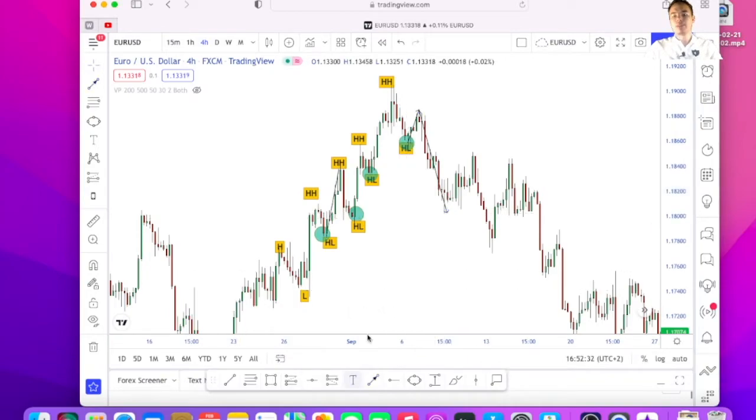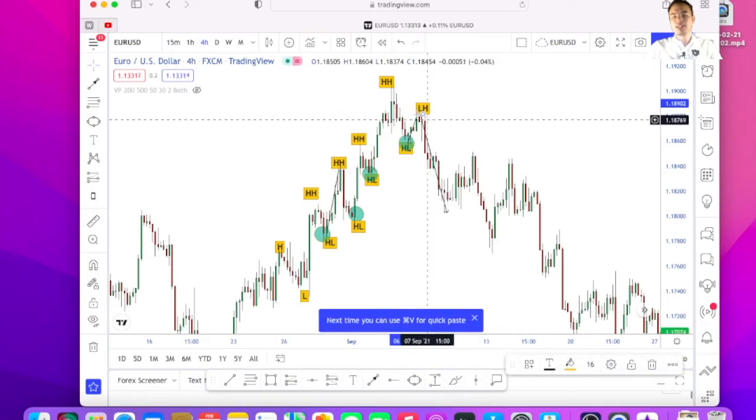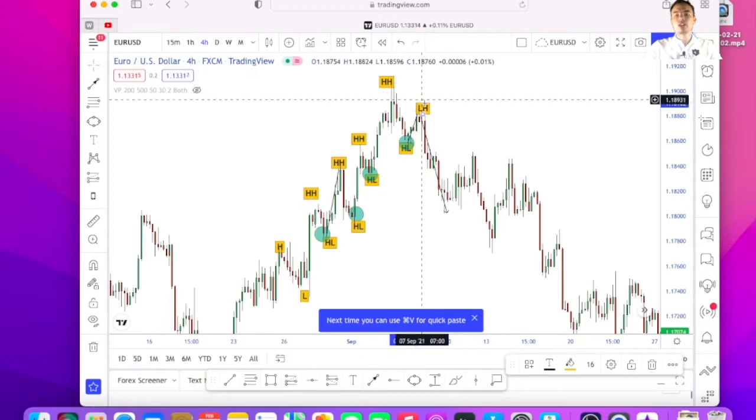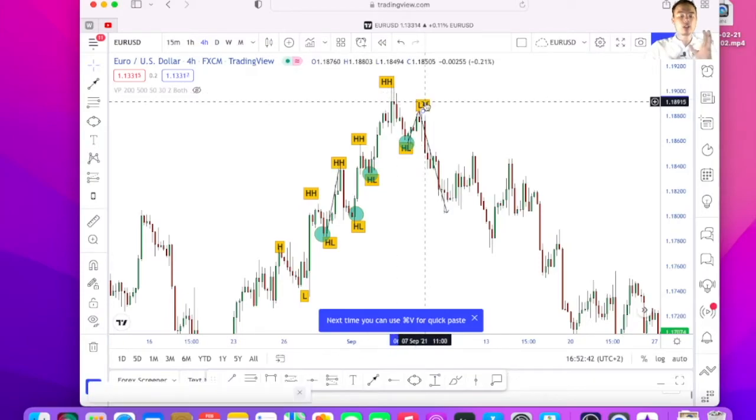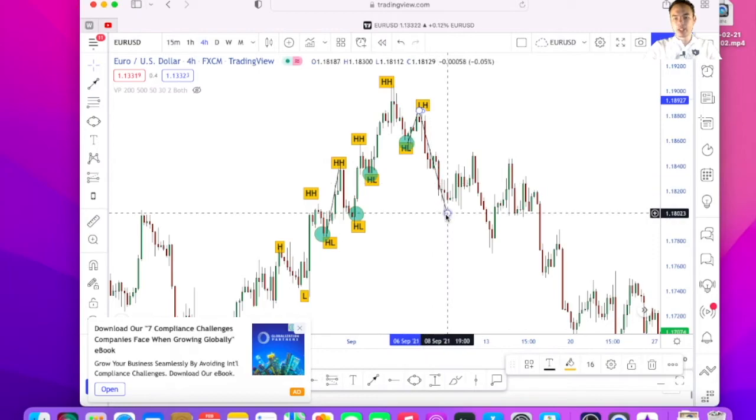So this is known as a lower high. Why? Because this high is lower than the previous high. So this is an indication. It's not certain. It is an indication that price might be in a downtrend. But what confirmed it is this low over here.